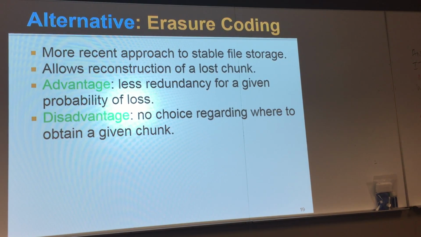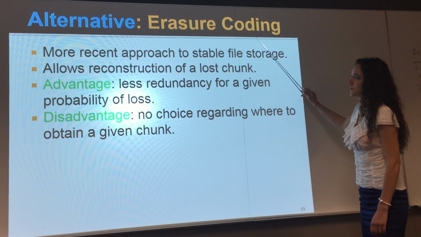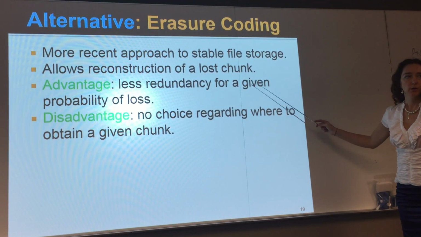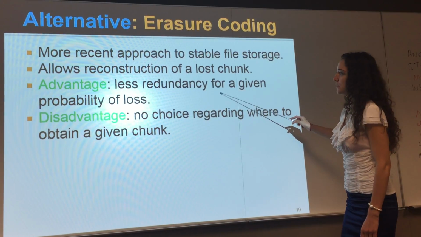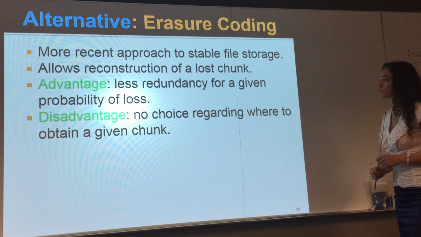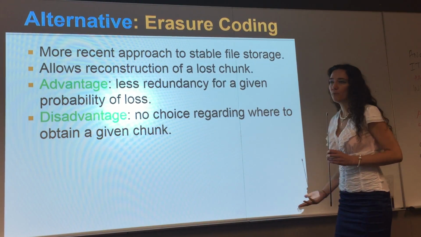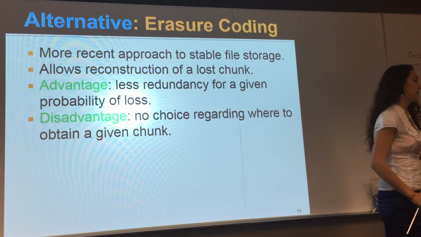Now there's another way to do that. There's a way to code those pieces, so if some of them are lost or broken, we are able to restore them. So there is less redundancy if the possibility of loss happens, but then if we only have one copy, we don't have a choice of where we're going to obtain that copy.